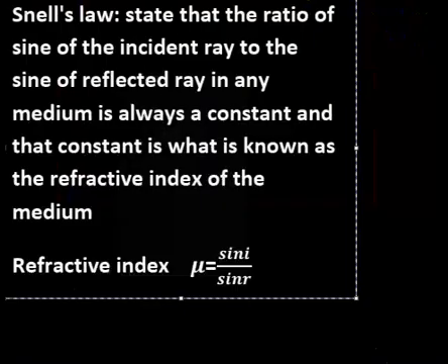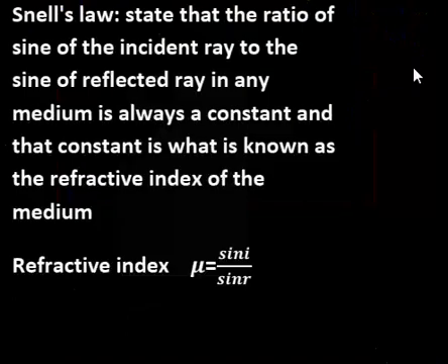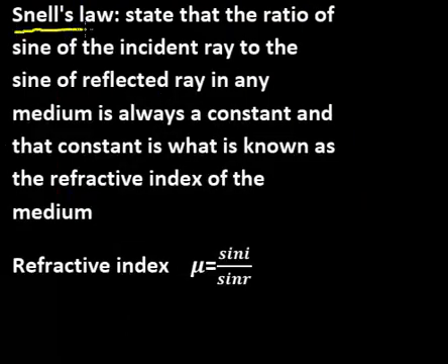Okay, so this next law states that the ratio of the sine of the incident ray to the sine of the reflected ray in any medium is always constant. Remember, once refraction occurs, please correct this: refracted ray, not reflected, because you're talking about refraction.